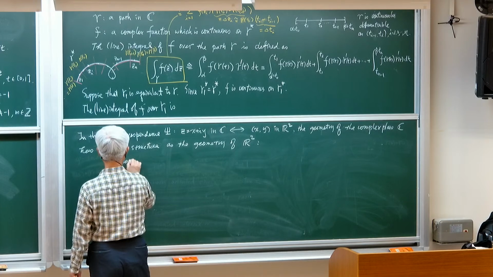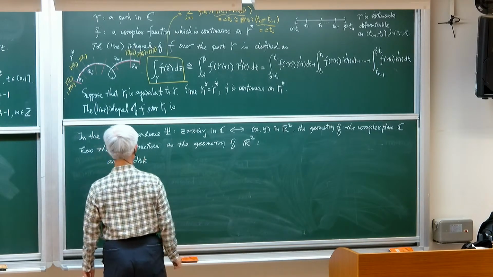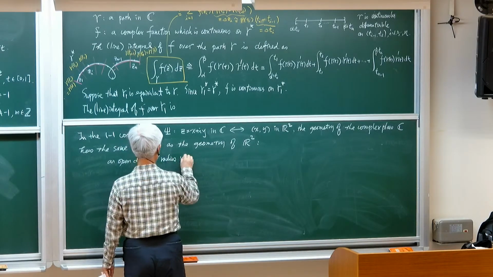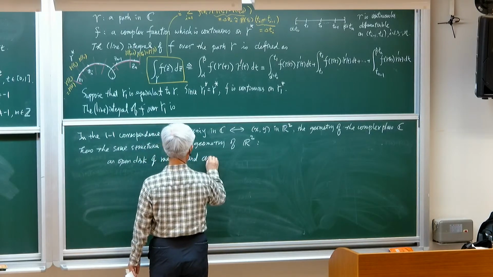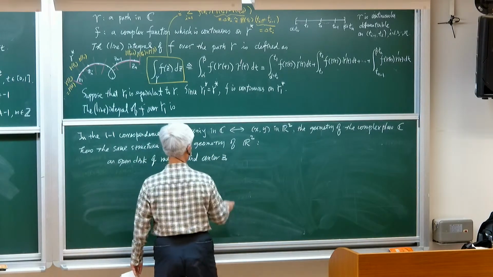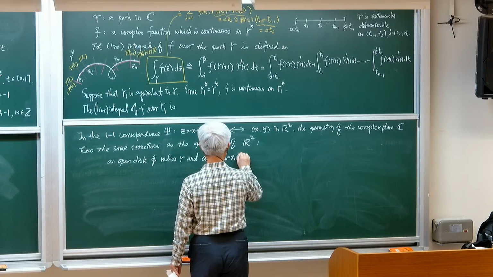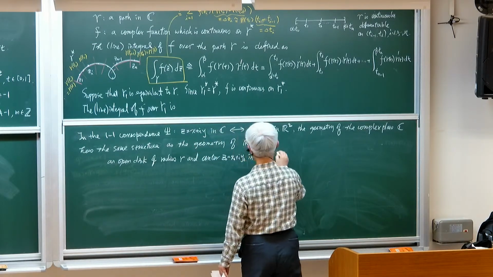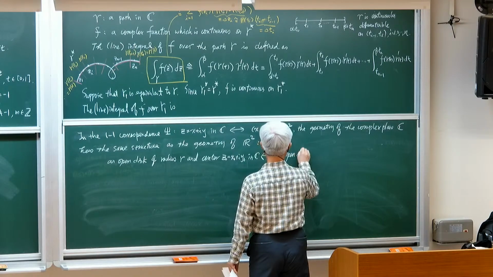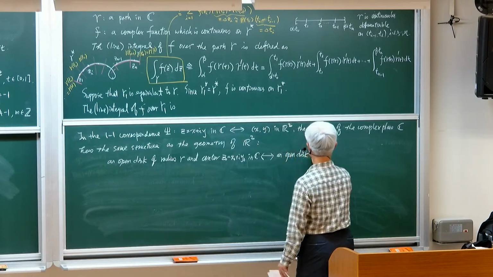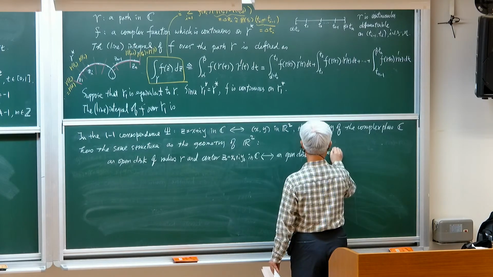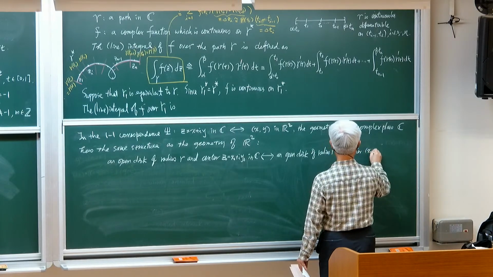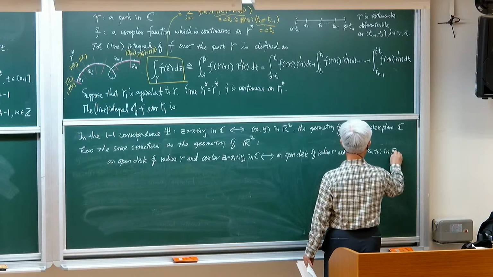So, for example, an open disk of radius R and center z0 in C corresponds to an open disk of radius R and center (x0, y0) in R square.